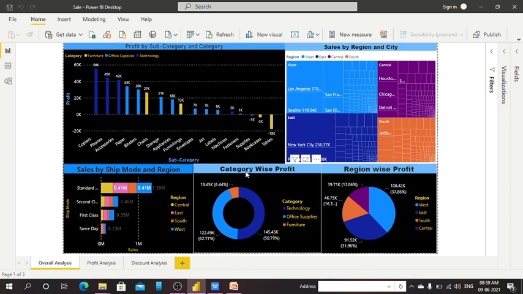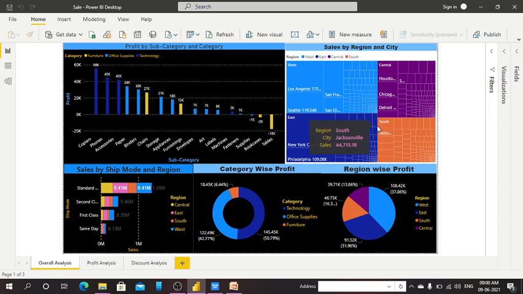Next, I analyze sales by region and city using a tree map. The tree map has divided into 4 prominent regions, that is west, east, central and south. From this tree map it is very prominent that east and west are doing pretty well, whereas central and south are not doing very well.